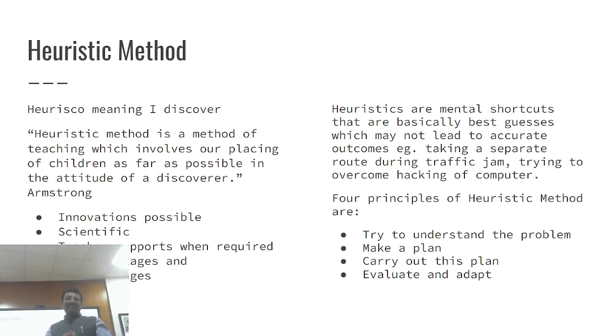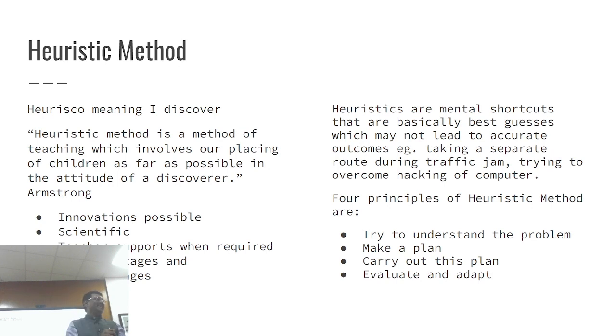Heuristic method. How was the word heuristic discovered? From where did it start? Heurisco means what? I discover. Who is discovering, teacher or scientist? We are talking about student-centered methods.